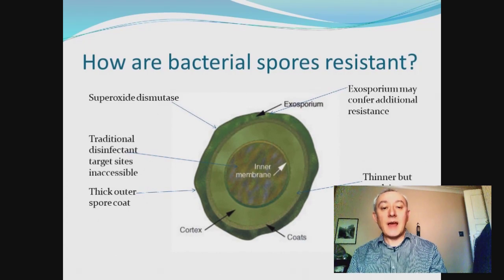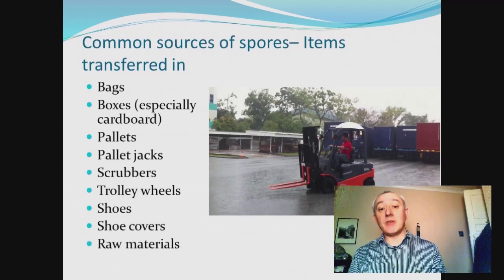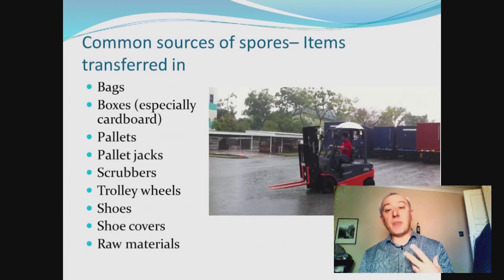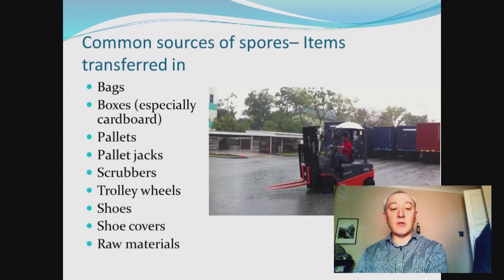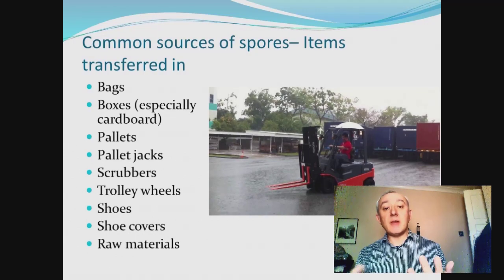Now, how do spores end up getting into the pharmaceutical facility? Well, there's numerous sources. There's bags, there's boxes, pallets, scrubbing machines, shoes, and so on. But probably one of the big risks is the materials coming from warehouse into production facility, particularly when weather's wet, particularly where there's cardboard.